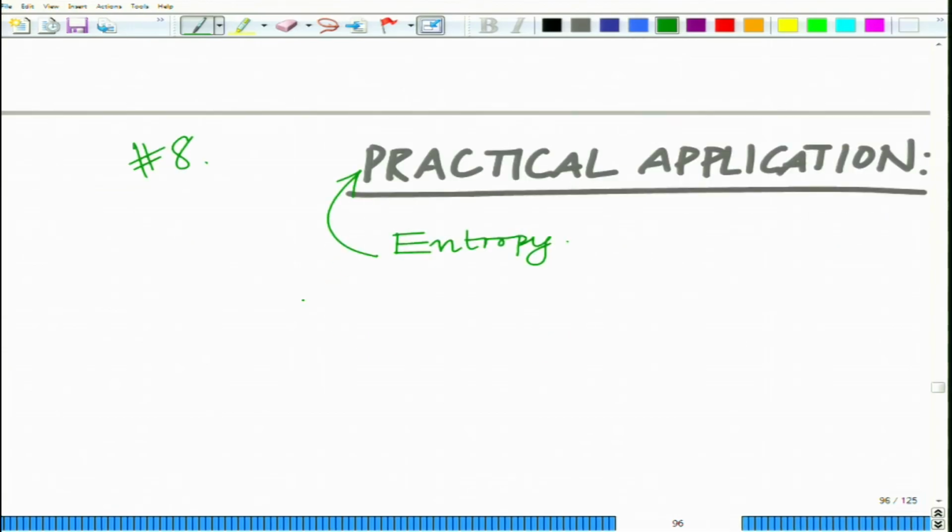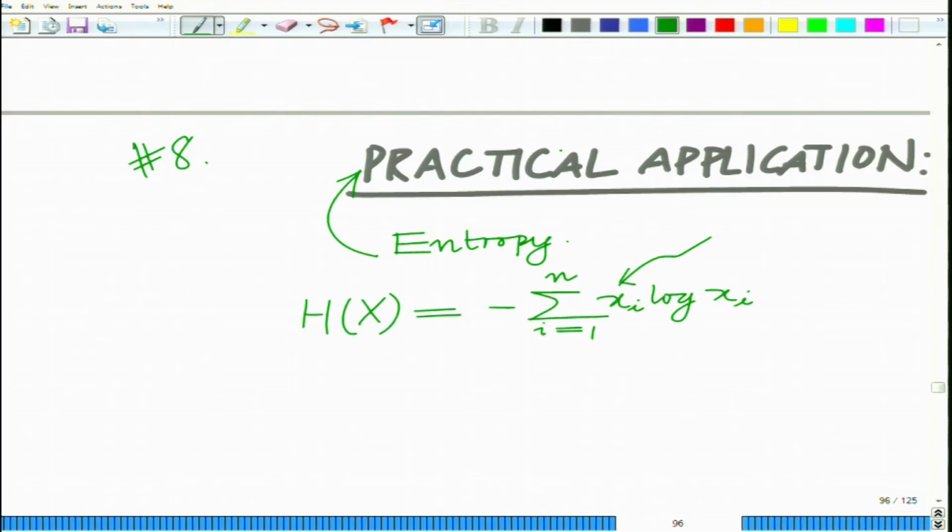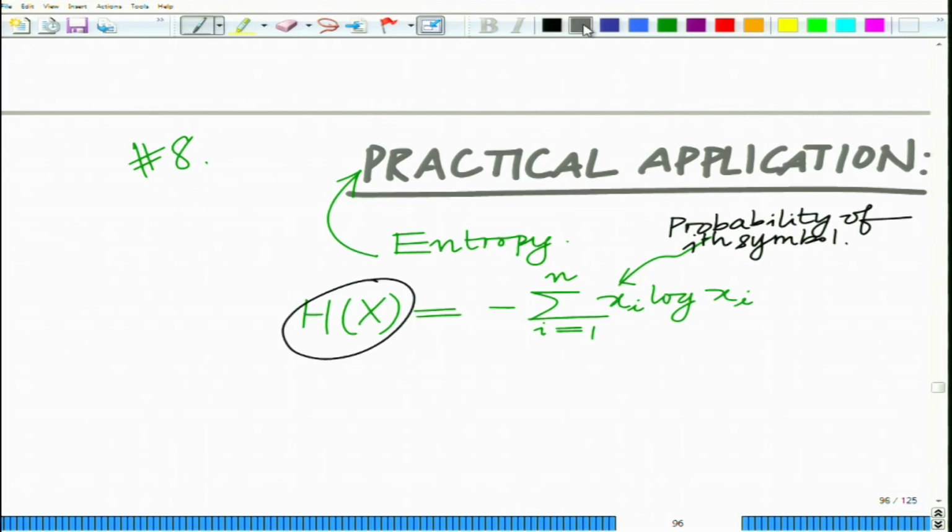That is, the entropy of a source, H, can be defined as minus summation i equals 1 to n xi log to the base e, natural log xi, where xi equals the probability of the ith symbol, and this entropy denotes the information content of the source.